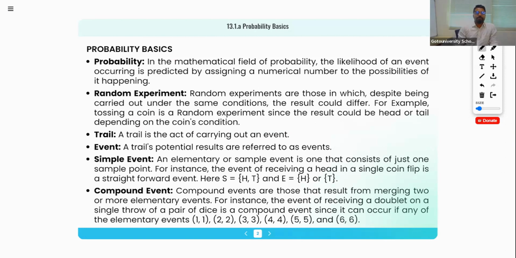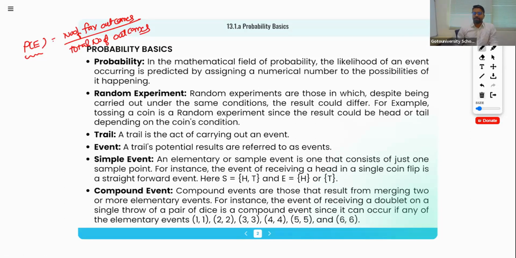First, what is the probability of an event? That is a ratio. It's a real number. It's the ratio of the number of favorable outcomes, that is, the number of results, divided by the total number of outcomes. That is probability.